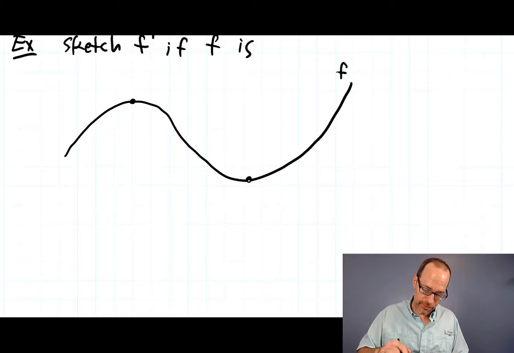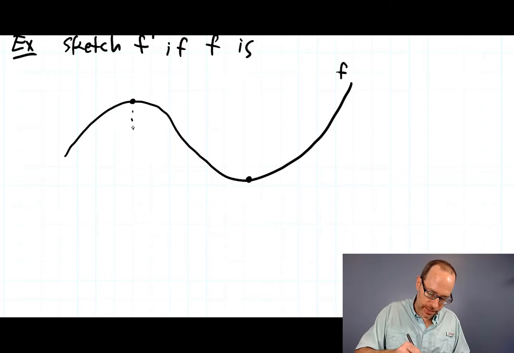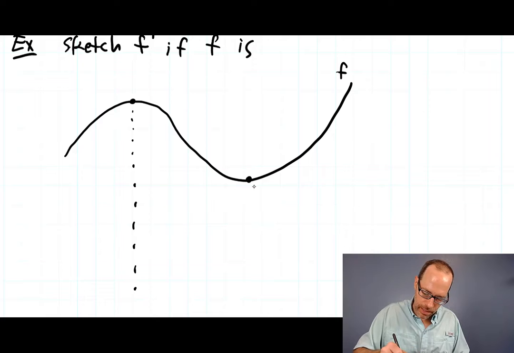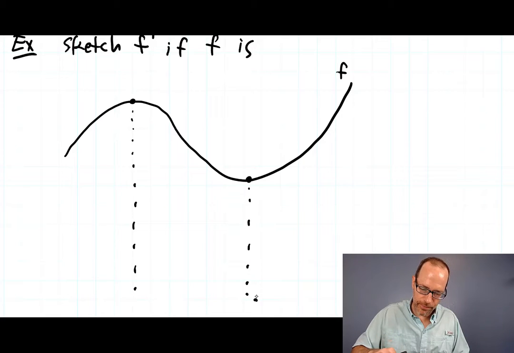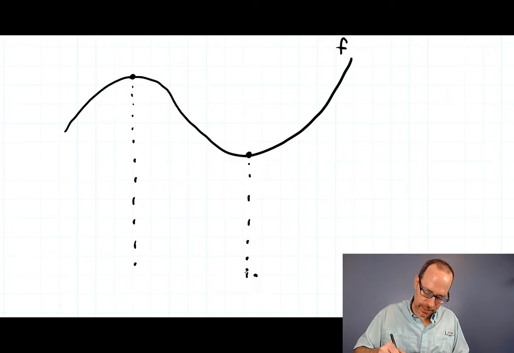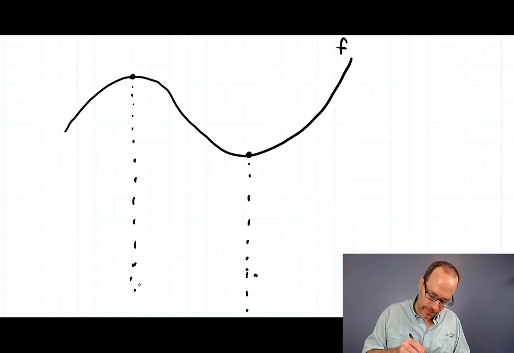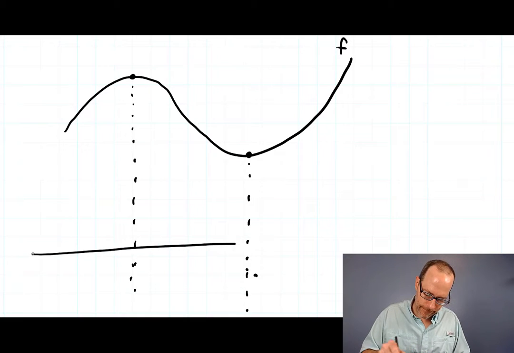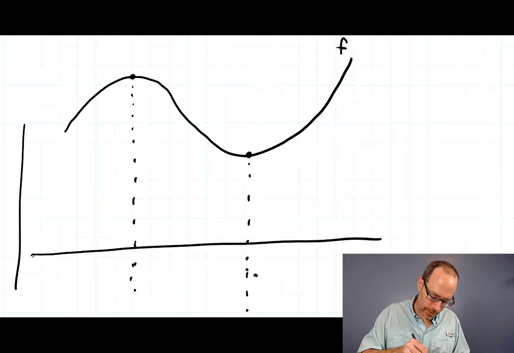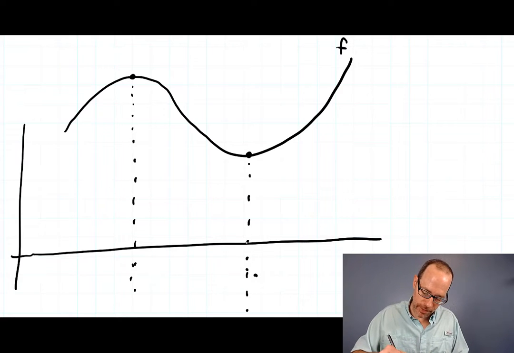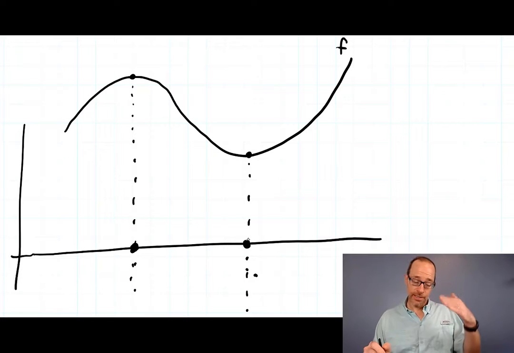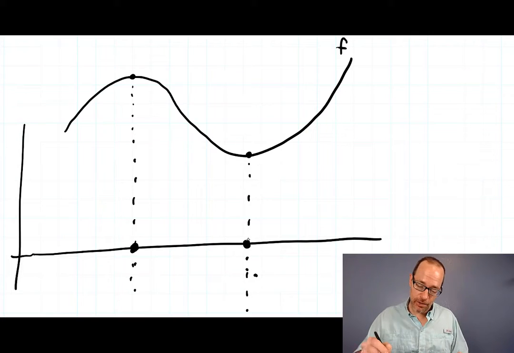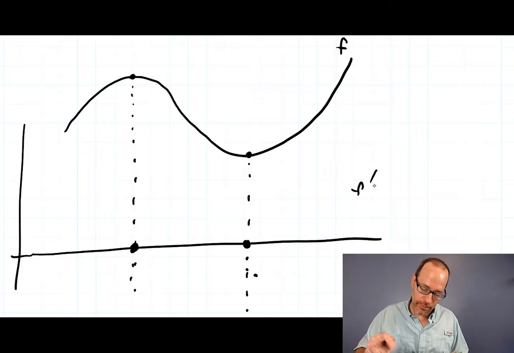So the derivative has to be 0 at these places. All right? So if I'm trying to sketch f prime here on an axis, I know that it has to be 0 at those two places because f flattened out. So down here will be the graph of f prime.